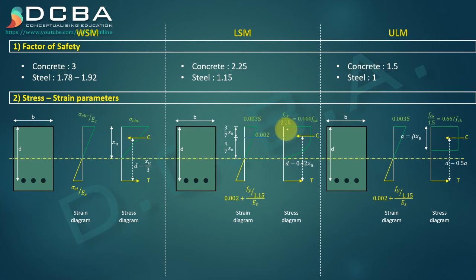In LSM it is a parabola as well as a rectangle, a combination of both of them, and here it is a rectangle. So the stress block, again if you see in WSM we are not taking into consideration the curvature, so this extra energy we are leaving there, but here in LSM we are considering that extra energy also.